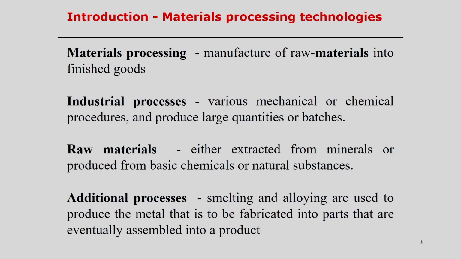It is also associated with some additional processes, for example smelting and alloying, because sometimes it is necessary to characterize or get some specific properties of a particular material or metal. The alloying of the metals is also required, and sometimes we produce composite materials for that purpose, to achieve specific properties which may be required for a particular application.